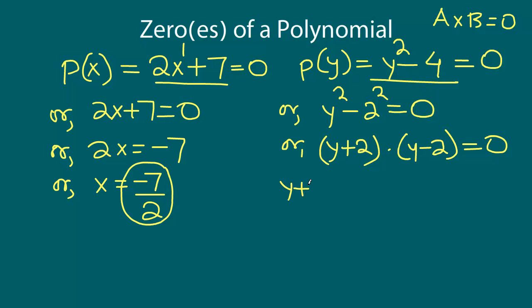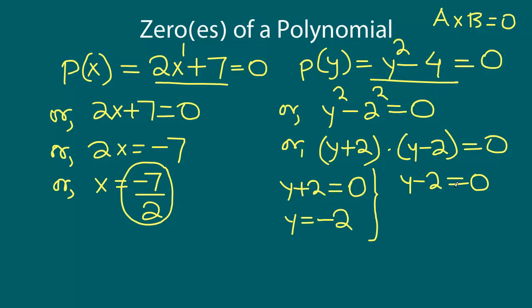If this is 0, then we solve it: the 2 goes to the other side, and we get y equals minus 2. If we assume the other factor is 0 and we solve, we get y equals 2. So in other words, for this particular polynomial, which is not a linear polynomial, we have two zeros.